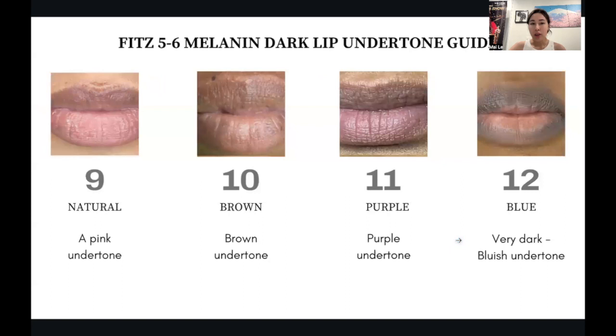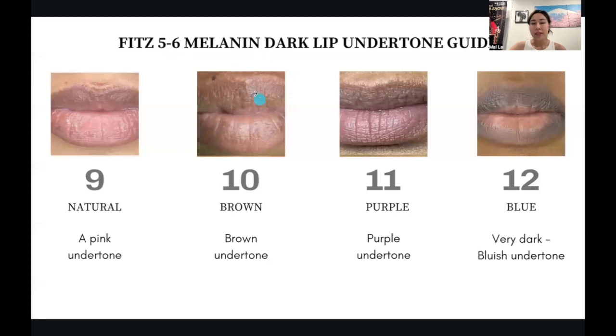So let's take a look at Fitzpatrick 5 to 6 skin tone. These are considered to be melanin-dark lip undertones. Again, Fitz 5 to 6 also have the natural sort of tone, and as you can see, the natural has that pink undertone, but you still see that darkness in it, right?